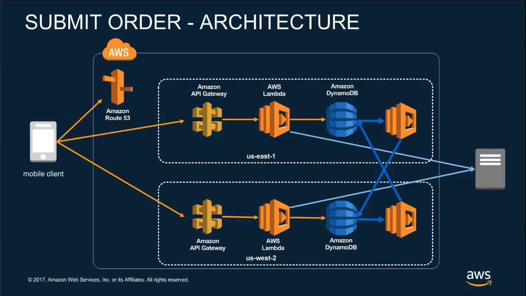The other interesting point we have in this slide is our dependency, that gray box, the payment processing system. I have drawn a single endpoint for the payment processing system in this slide on purpose, because the point I want to outline is that your application is only as good as its dependencies.